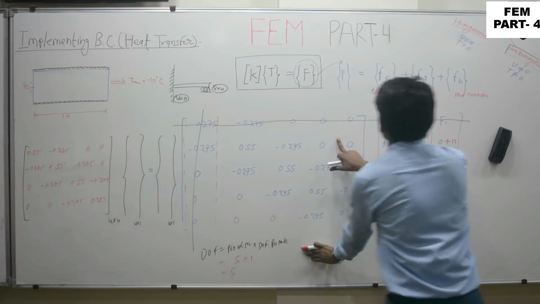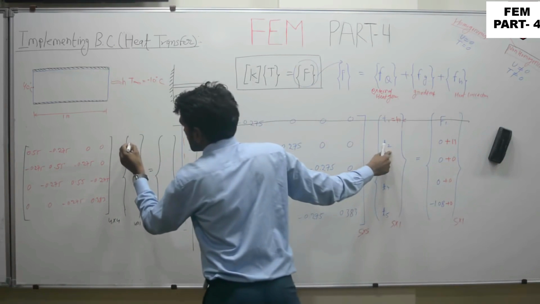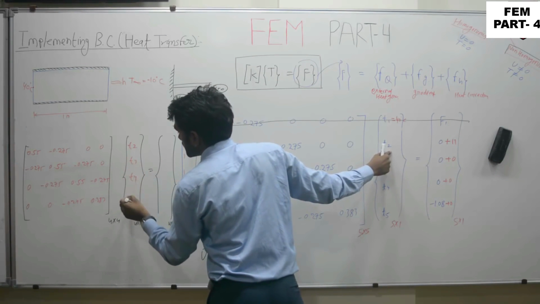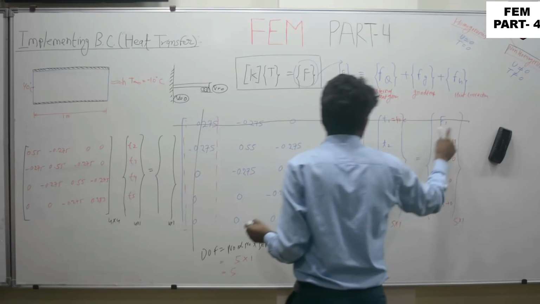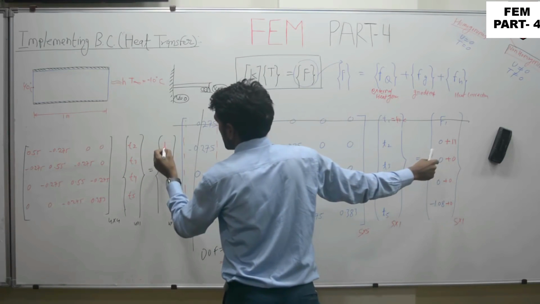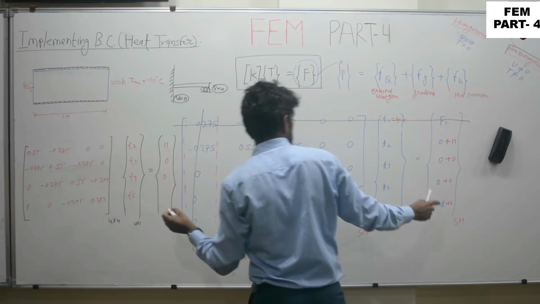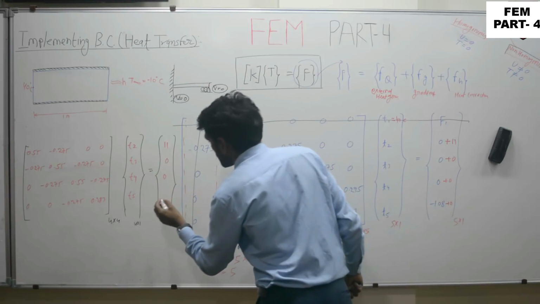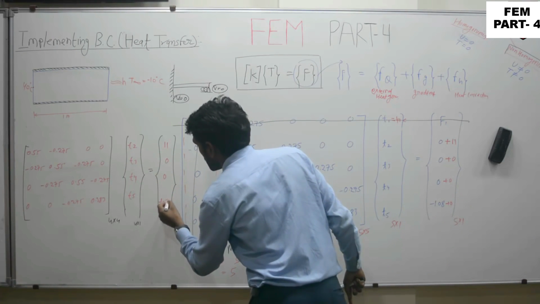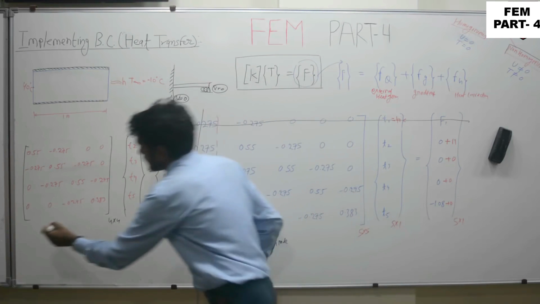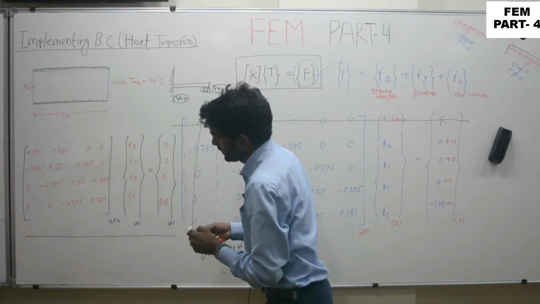This is the conductance matrix, and this is T2, T3, T4, T5. Then correspondingly the first value is 11, second 0, 0, and then minus 1.008. This is your standard format.